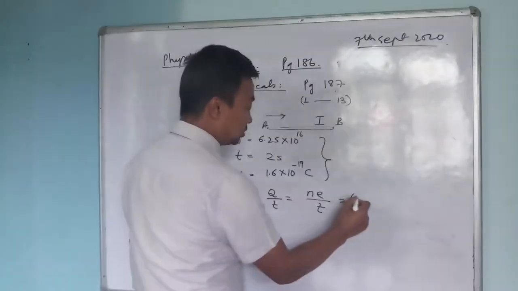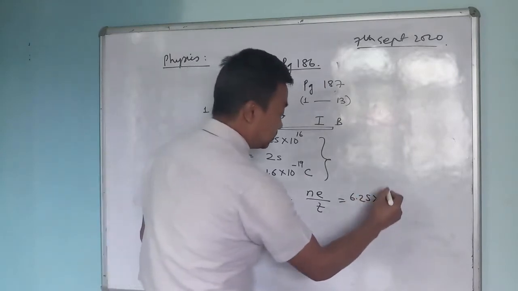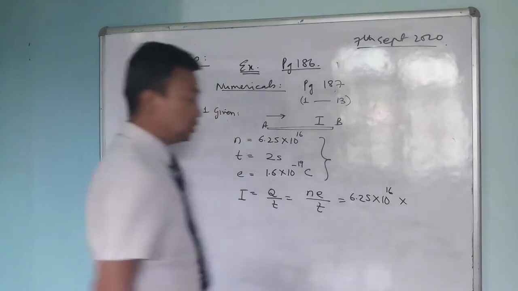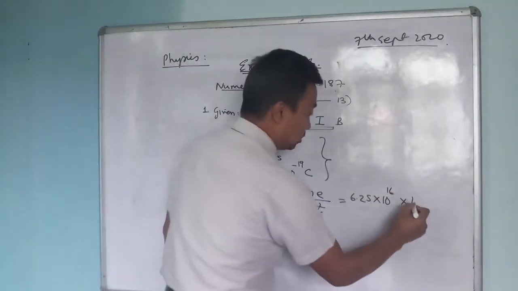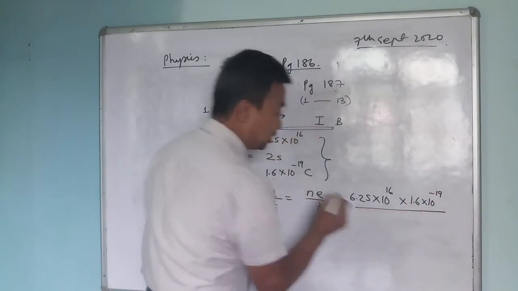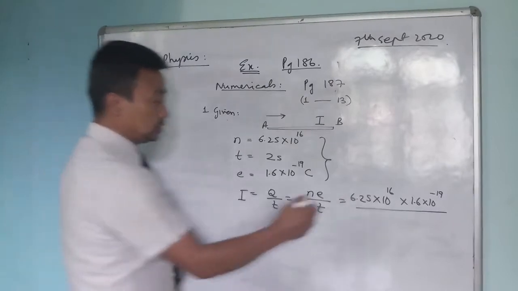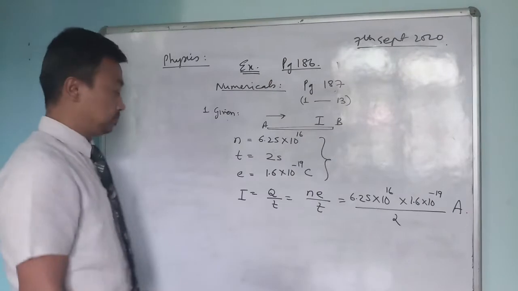N is the number of electrons which is given to you, into E, which is the charge of 1 electron. So what is the charge on 1 electron? 1.6 into 10 to the power minus 19. And how much time has it taken? 2 seconds. And the unit of the current is ampere.